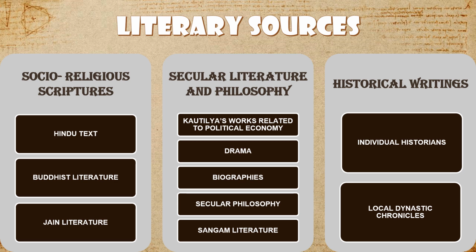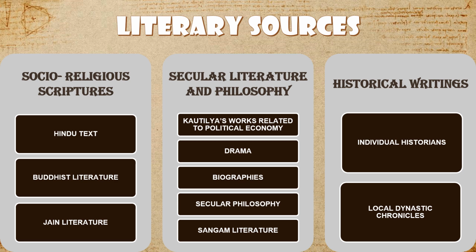Let us move ahead with our next category, which is historical writings. Historical writings are categorized into two types: individual historians and local dynastic chronicles. Individual historians, there were many historians. The most important one, which is very popular, is the Rajatarangini, written in verse by Kalhana.